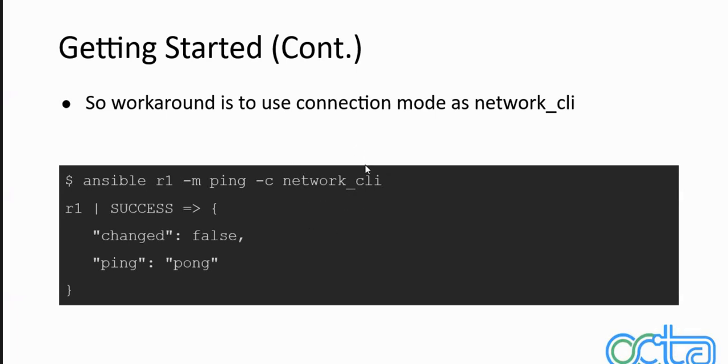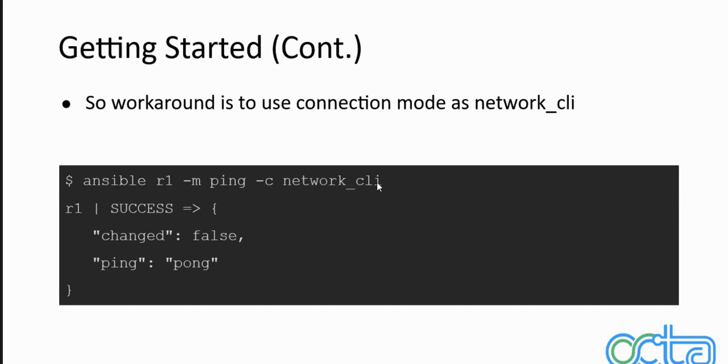This is a connection mode provided by Ansible to deal with network devices. Because all the network devices have their own CLI where we issue commands and interact, right? So they have created this network CLI as a connection type to deal with network devices. So whenever we are trying to connect to network devices to issue any command, we should say -c network_cli.